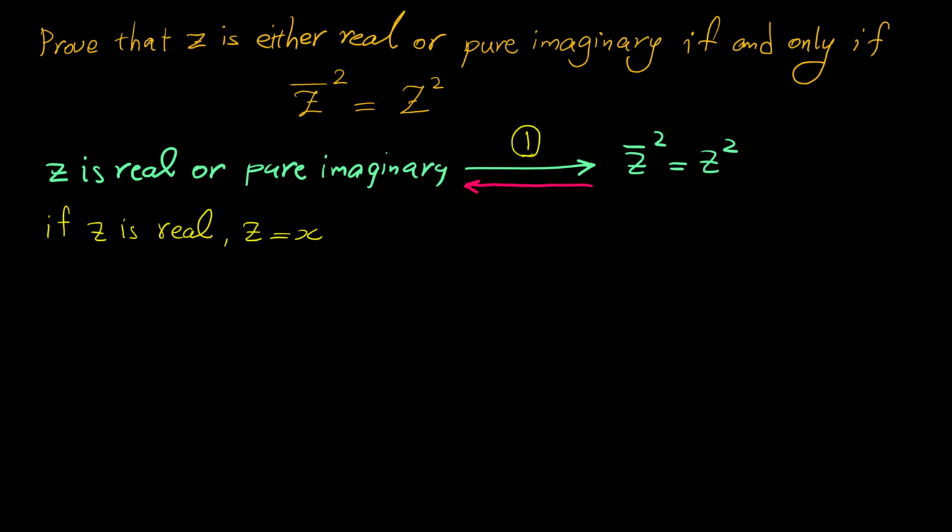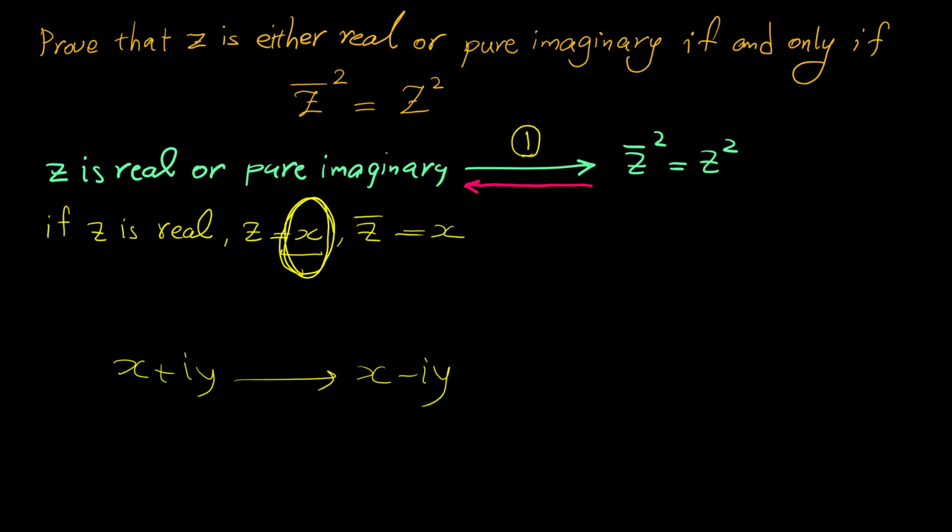And if z is x, what would be the conjugate of z? Then the conjugate of x is x itself. Because we know that the conjugate of a complex number, if we have x plus iy, its conjugate is x minus iy. But here z only has a real part and its imaginary part is 0. So its conjugate is itself.